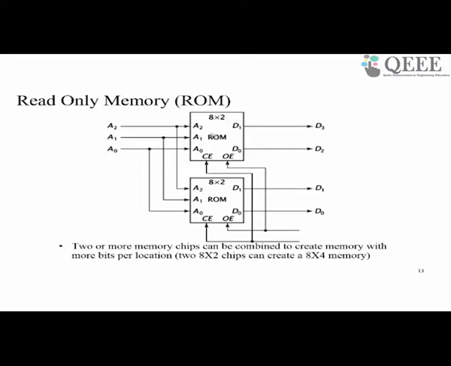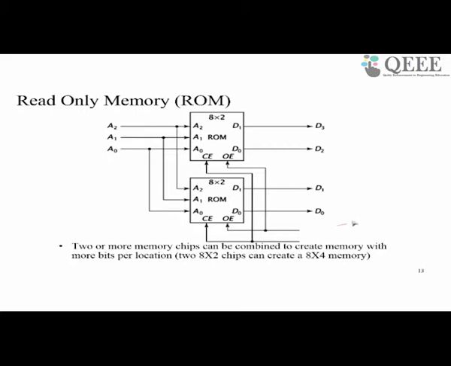Each of these ROMs is an 8x2 ROM, which means it has 8 different locations, but each location stores only 2 bits. How do we put 2 such ROMs together and construct a ROM which has 8 locations but stores 4 bits in each location? This kind of arrangement can be used for that.